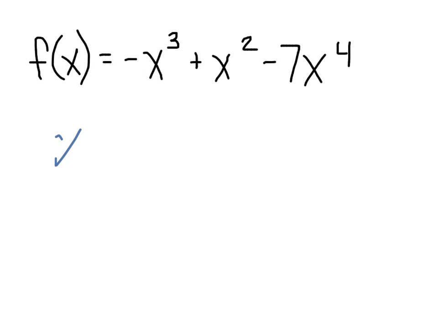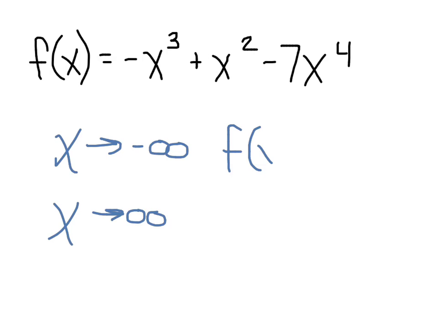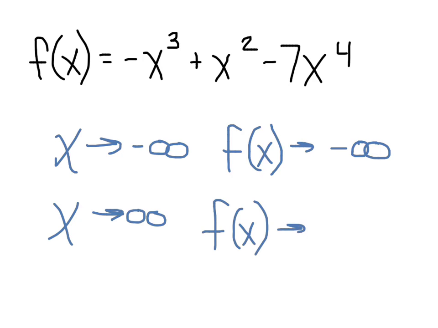So what's my answer? I'll give you a hint. X approaches negative infinity. X approaches positive infinity. It's always going to be those. But then what's the back end of it? Negative infinity. And then what about the next one? It approaches negative infinity.